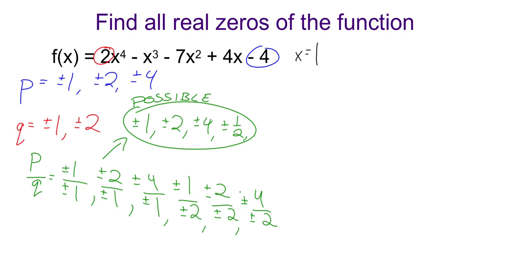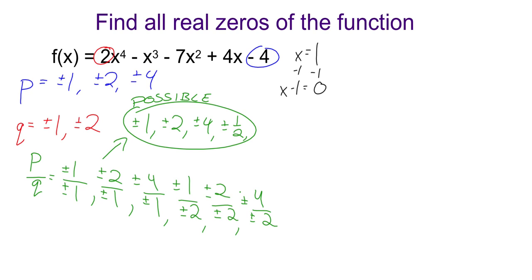We set the factor equal to 0. So what I do is I subtract 1 from both sides, and now I have x minus 1 is equal to 0.